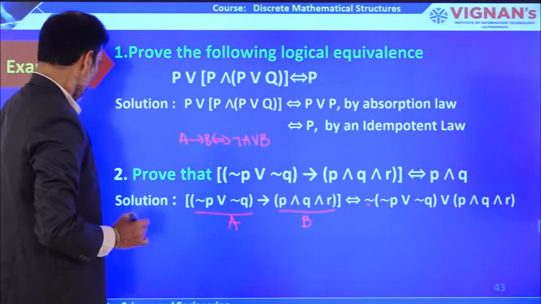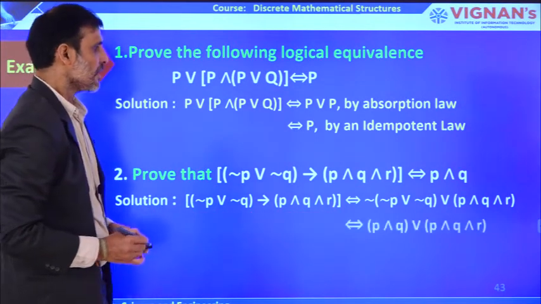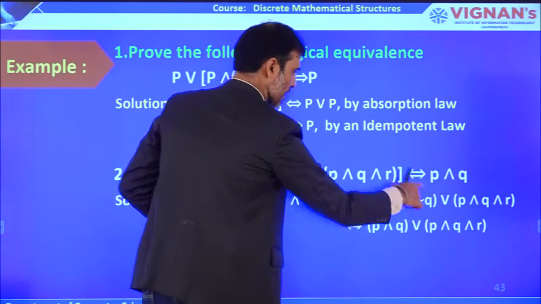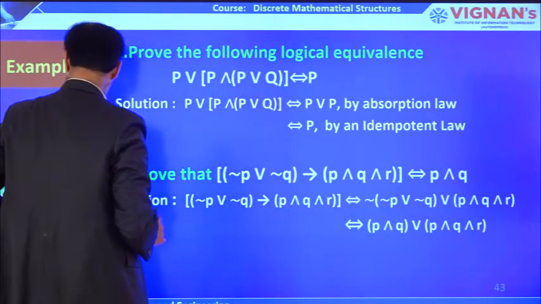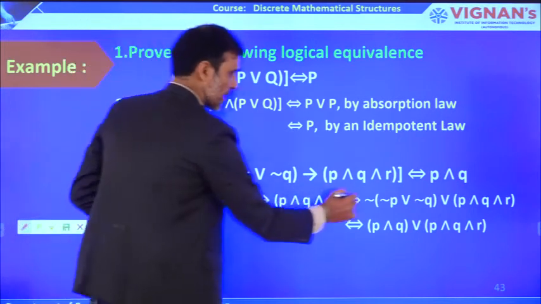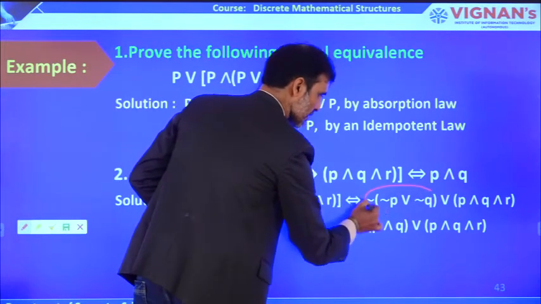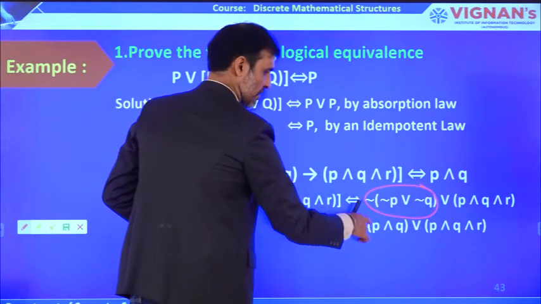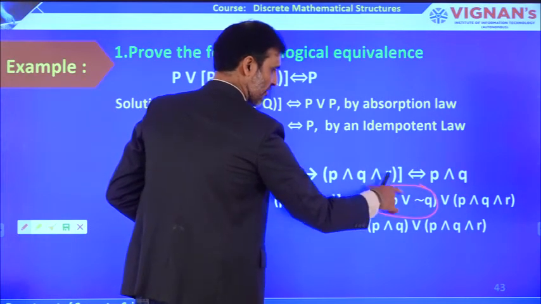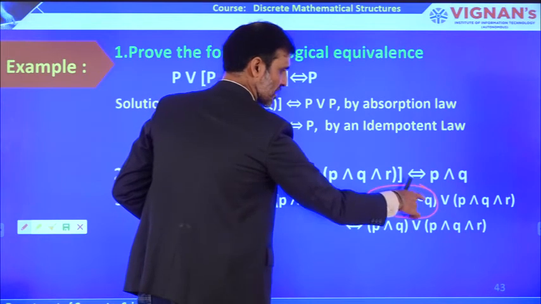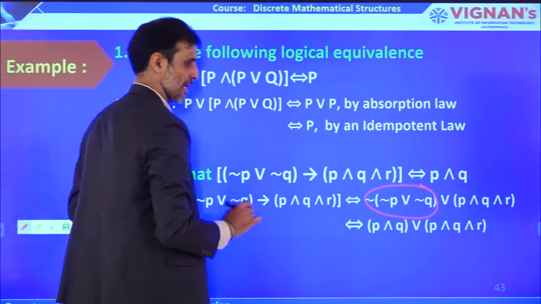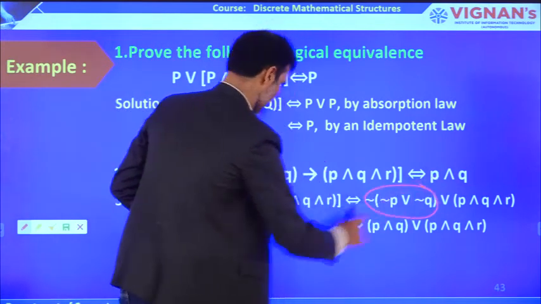Okay. And then apply what for this? Negation of P or Q. What can we do there? Apply De Morgan's law. Negation of negation P, you will get P. Negation of R, you will get negation R. Negation of negation Q, you will get Q. By applying De Morgan's law, you will get this one or that.